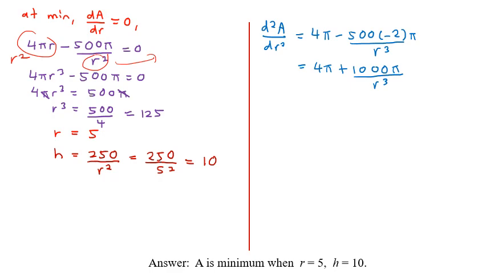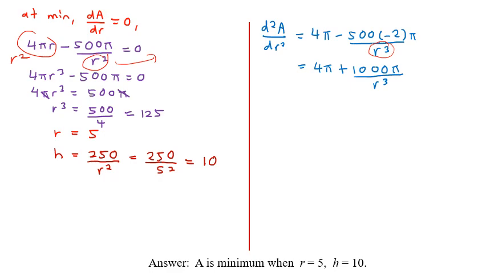So we got 4 pi minus 500, and r to the power negative 2, so we bring down the negative 2 and multiply. The power will be negative 3, so bring it below back, r cubed. Negative negative, so we got positive 1000 pi over r cubed. That will be the second derivative.